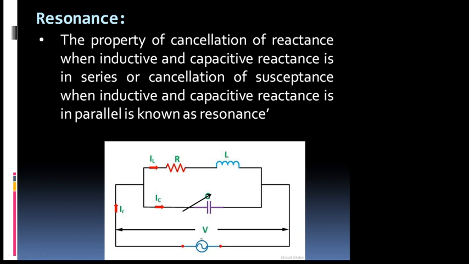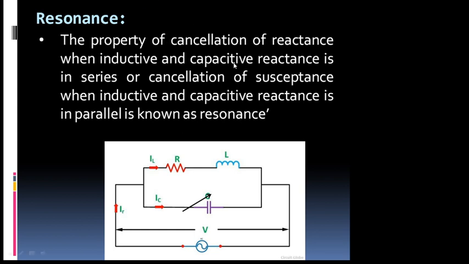Okay, let's understand what is meant by resonance. It is the property of cancellation of reactance. I hope you know reactance, that is XL and XC. Capacitive reactance is referred to as XC, inductive reactance is referred to as XL.